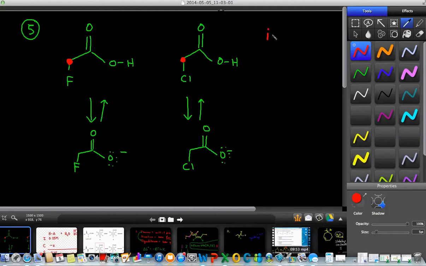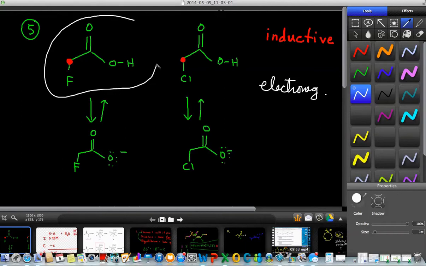Which of these two atoms can best help stabilize the negative charge in the conjugate base? And so the overriding principle here is going to be electronegativity. And fluorine is more electronegative than chlorine. So fluoroacetic would be the stronger acid because of the electronegativity of fluorine over chlorine.